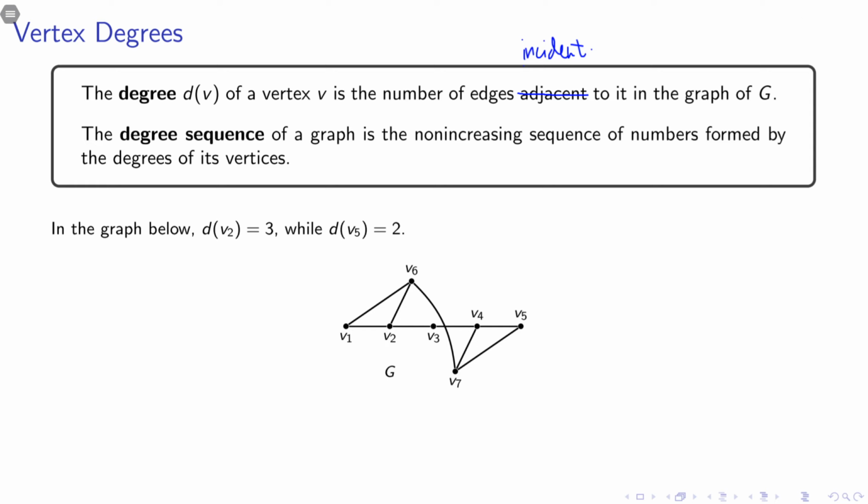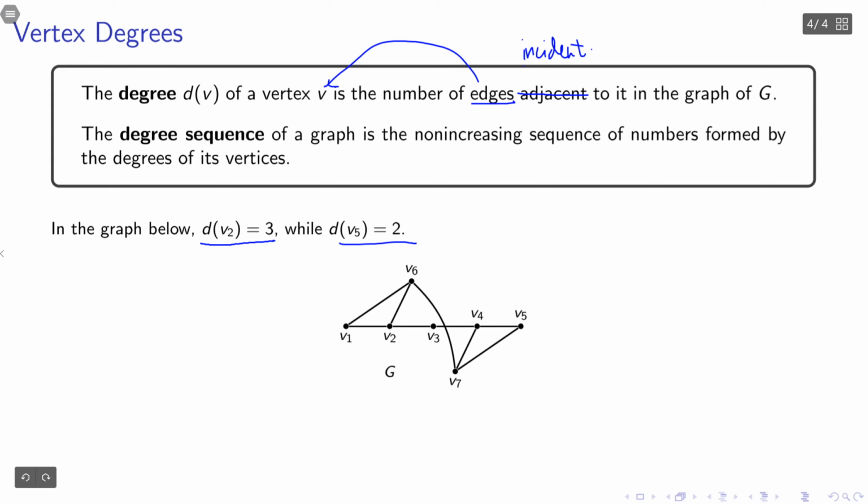Because you're counting how many edges have v as an endpoint. So I'll give you an example for this graph. We would say that the degree of the vertex v2 is 3, because there are 3 edges connected to v2. Right? So it's really as simple as that. You're just counting how many edges there are that have v2 as an endpoint. v5 has degree 2.